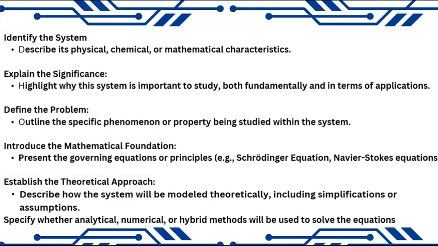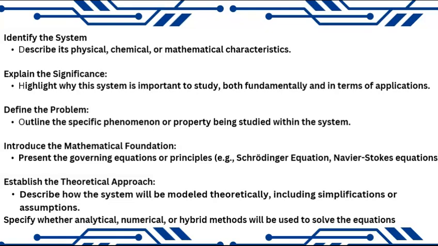Number 3, you write the problem statement. That is, you outline the specific phenomenon or property being studied within the system. You're not studying everything in the system. You're studying eccentricity, or you're studying the variation of the radius, or you're studying the variation of the length, or you're studying the effect of heat or magnetic current or magnetic field upon that system.